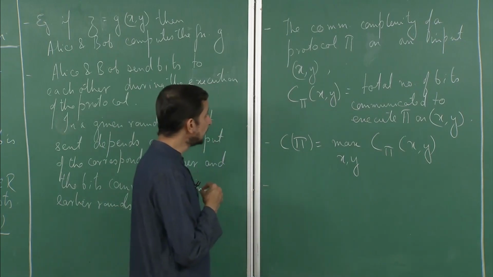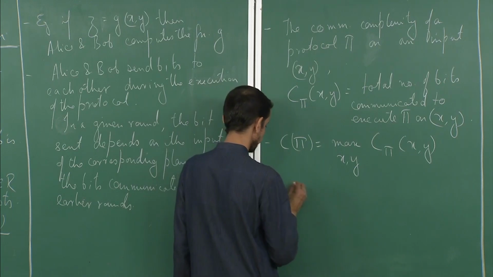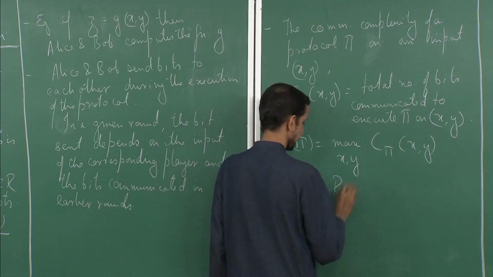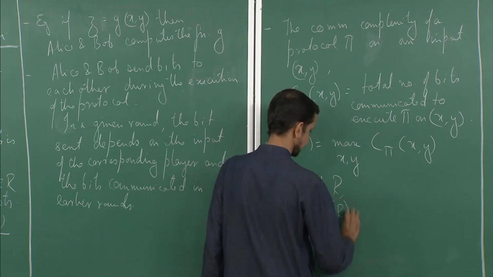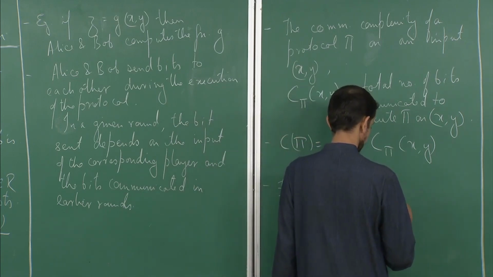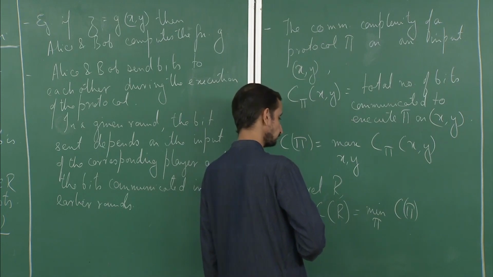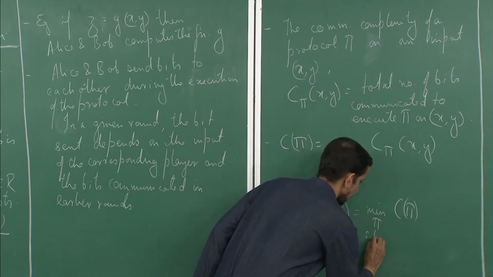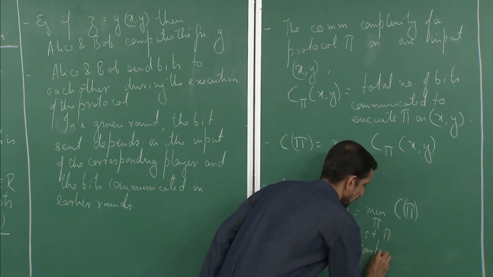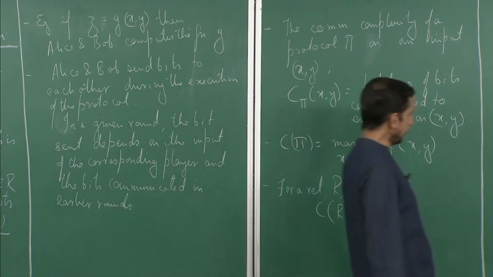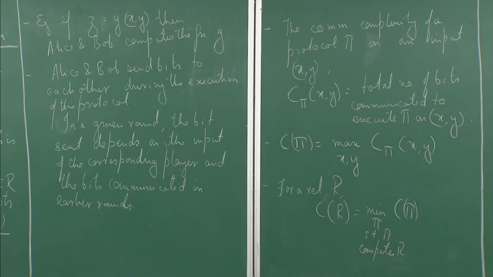And the communication complexity of a relation, suppose we have a relation R, is defined as the minimum over all protocols of C(pi) such that pi computes R. Okay. So now we know what we mean by the communication complexity of a relation.